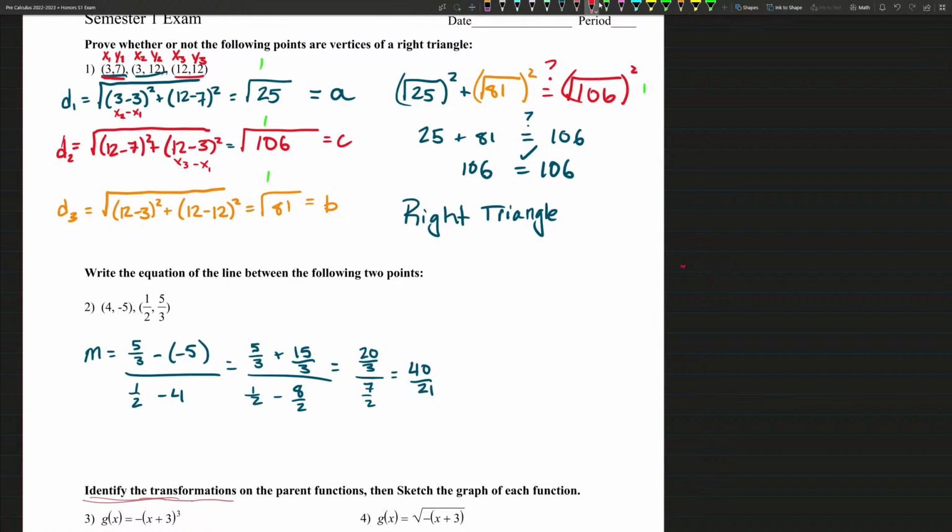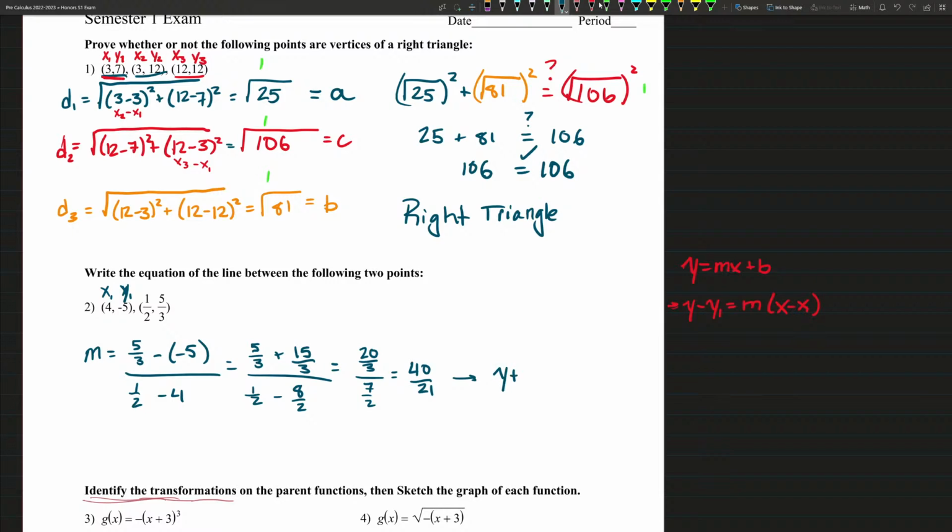And then we can go one of 2 different ways. We can use y equals mx plus b, or y minus y1 is equal to m times x minus x1. I always like point slope form, which is the second one, because it's really easy to deal with. So I'm going to do that. I'm going to pick x1, y1 as our point.